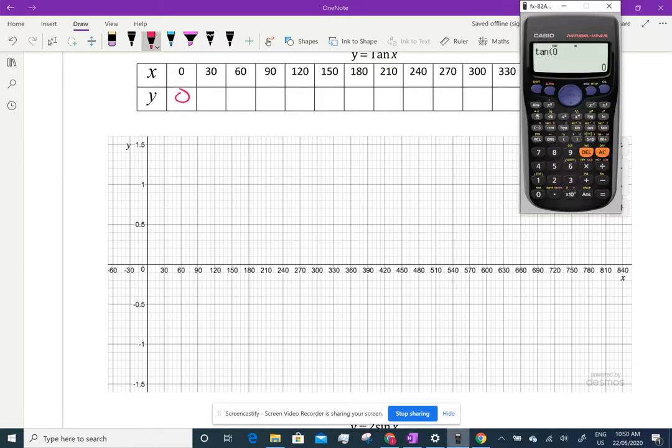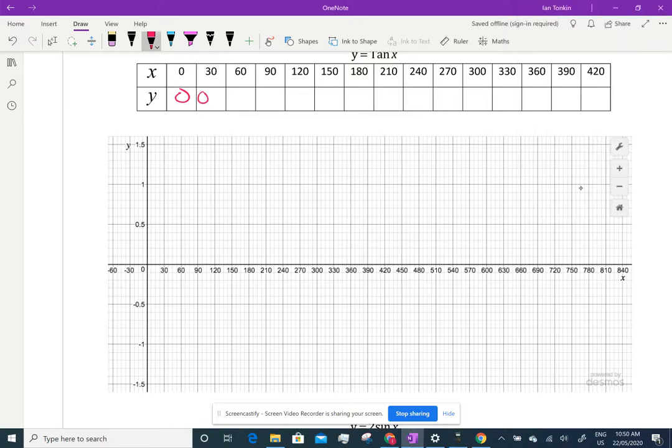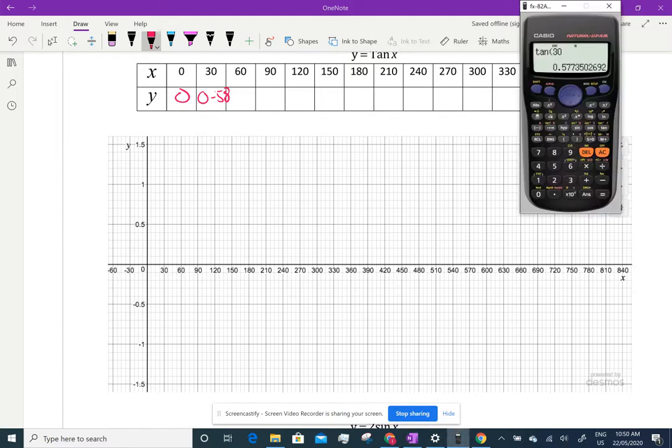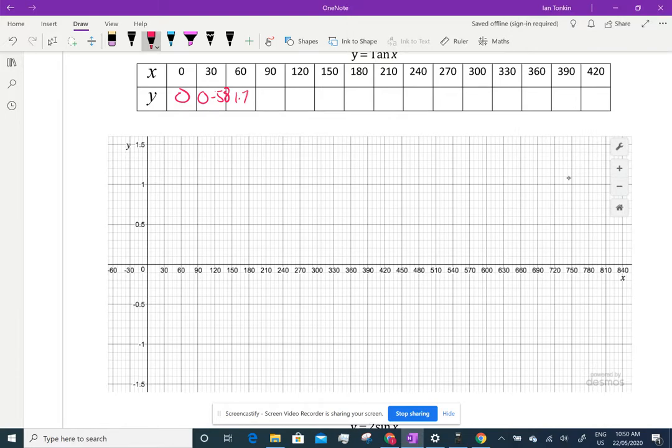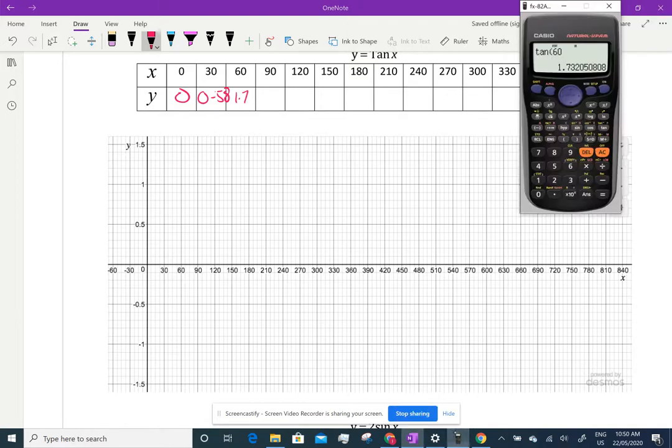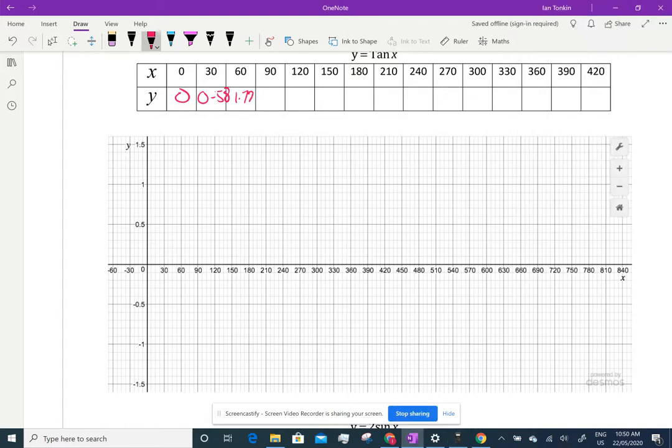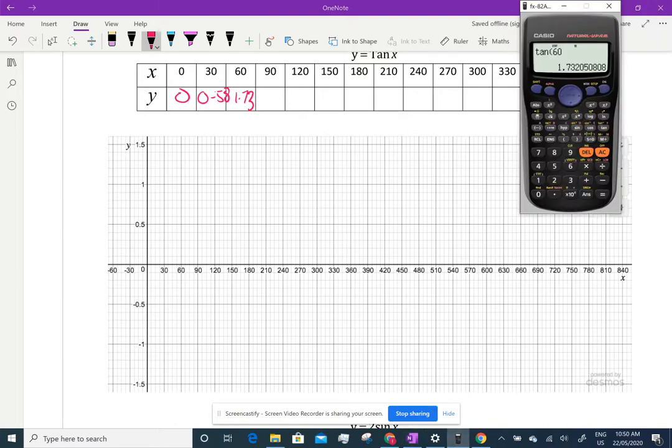Tan 30, 0.57, 0.58. 60, 1.73. Is it 1.73, 1.74? 1.73. 90.